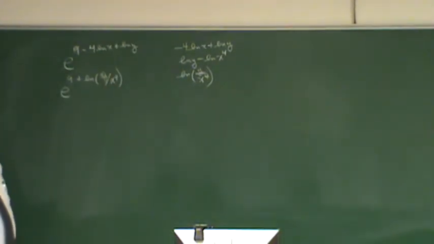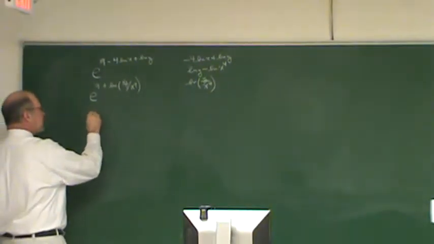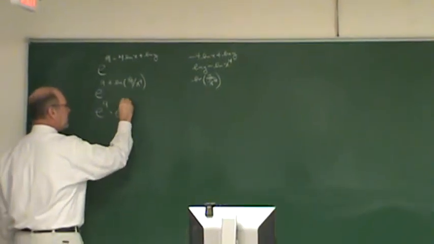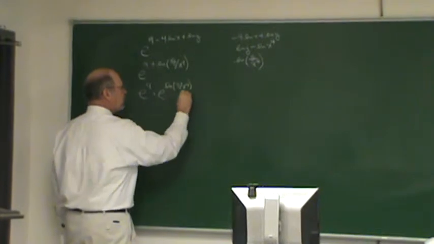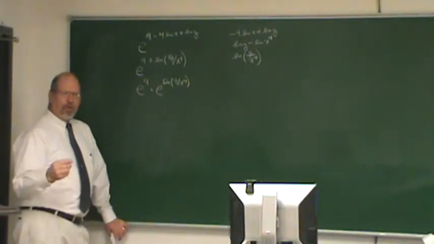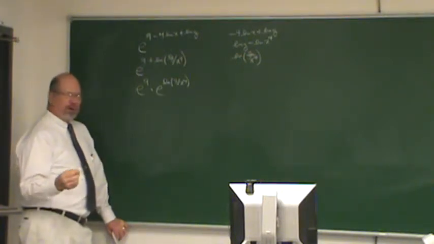Okay? Now, to simplify this, we can use the laws of exponents and think of this as e to the 9th times e to the natural log of y over x to the 4th. Okay? That's kind of running the laws of exponents in reverse of what we've seen before, but it does work.